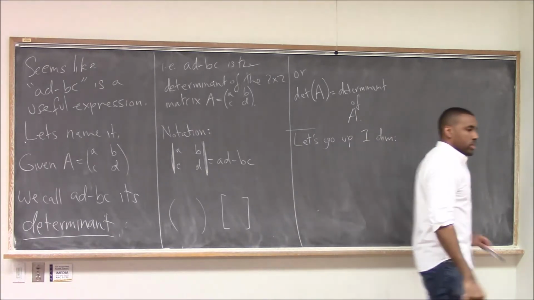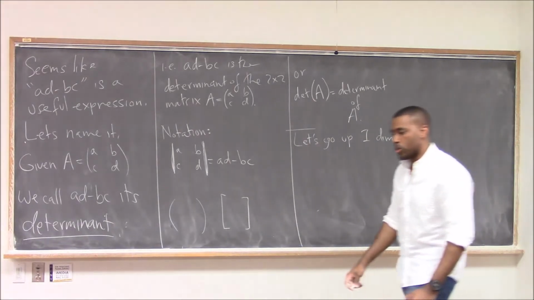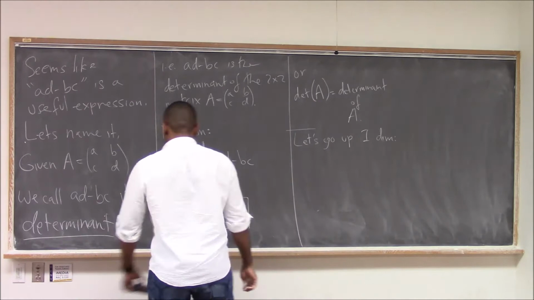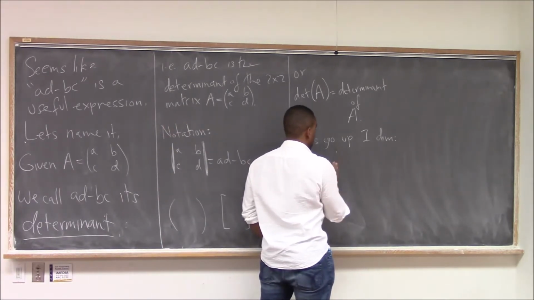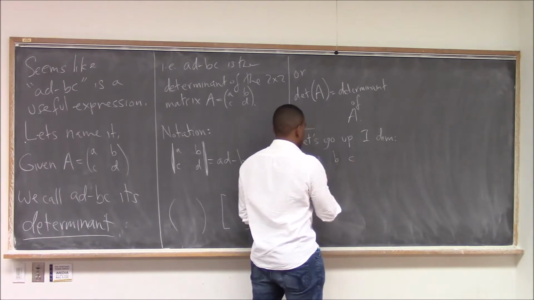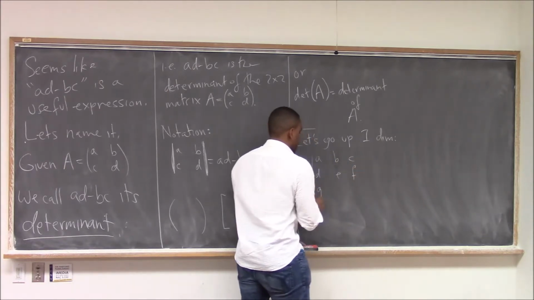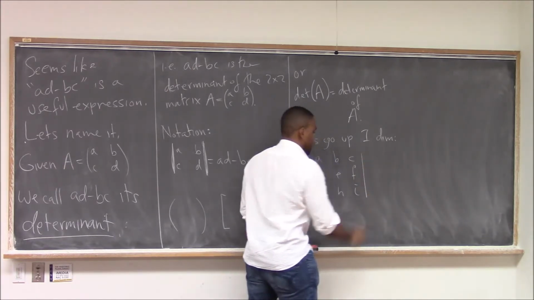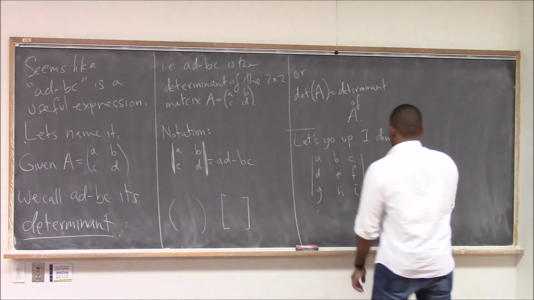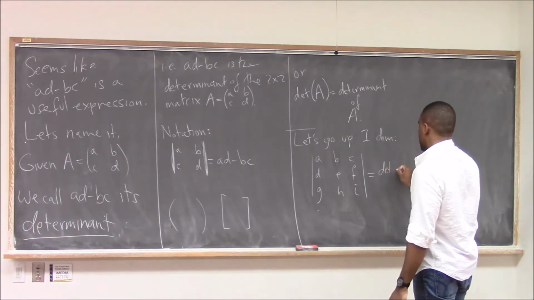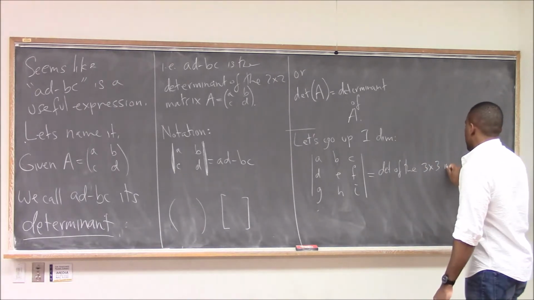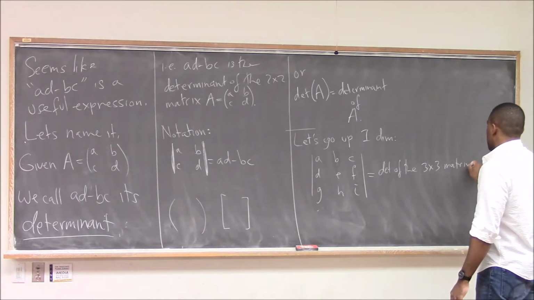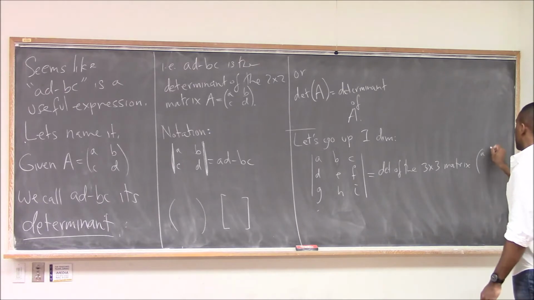Let's go up one dimension. We can do this analogously for three vectors that are each in three-dimensional space. So say I wanted to do something like this: A, B, C, D, E, F, G, H, I. This would be the determinant of the 3 by 3 matrix.